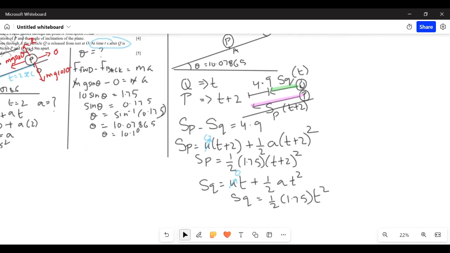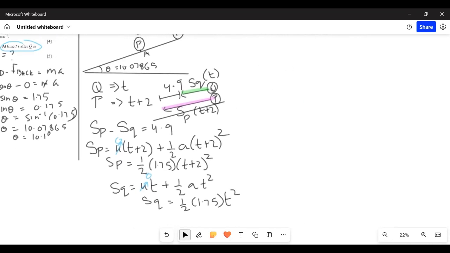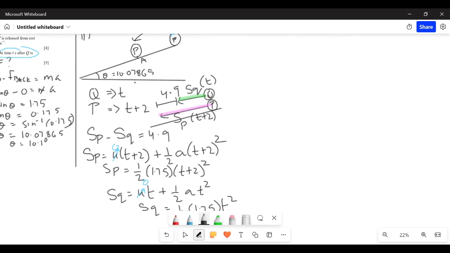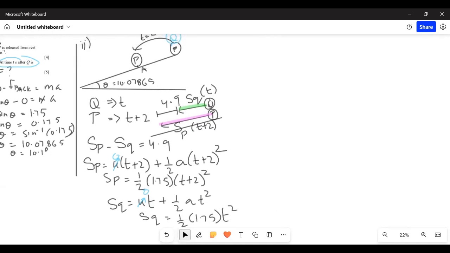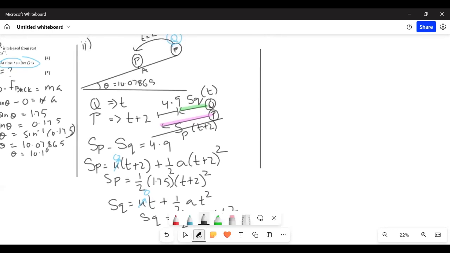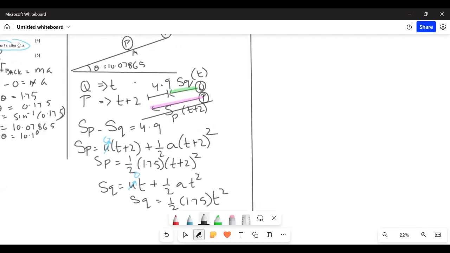Now we're going to subtract these expressions and equate the answer to 4.9. So again, SP minus SQ equals 4.9.